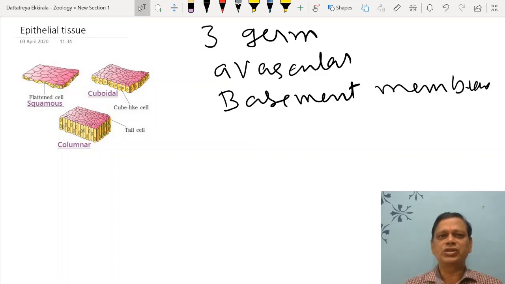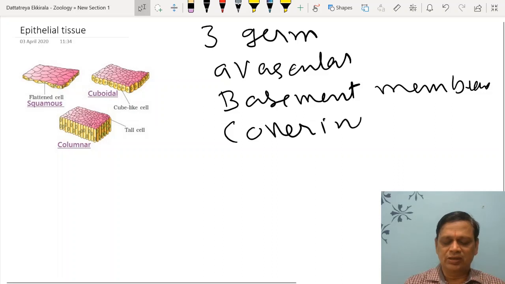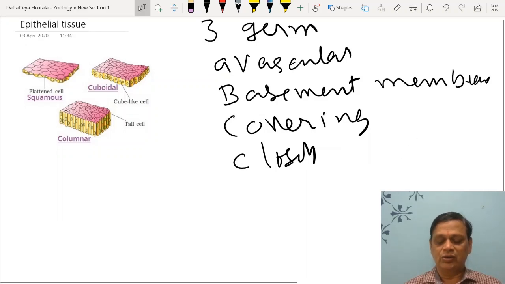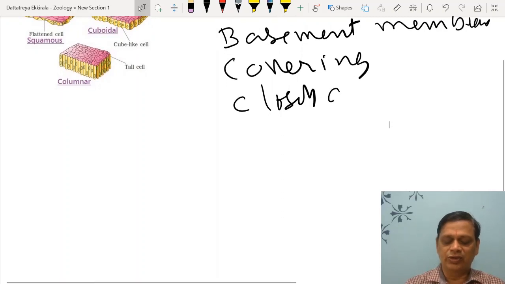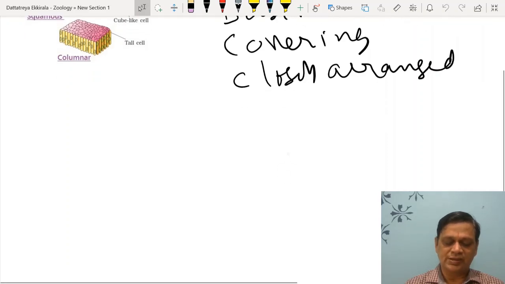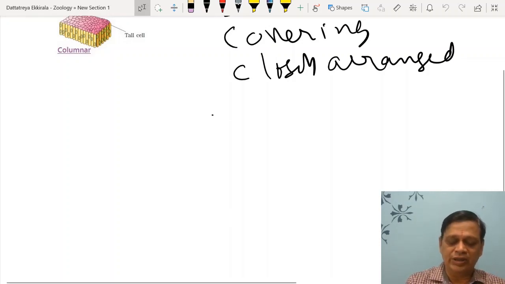And epithelial tissue mainly forms coverings, and the cells are closely packed, closely arranged with little intercellular substance. Another important thing is they are held together by junctions.